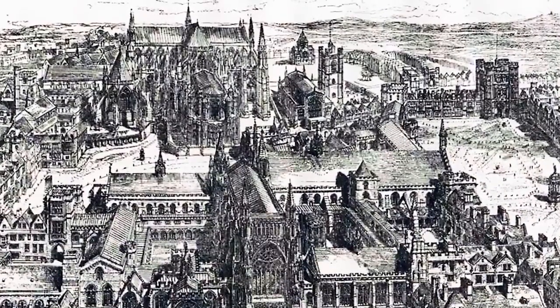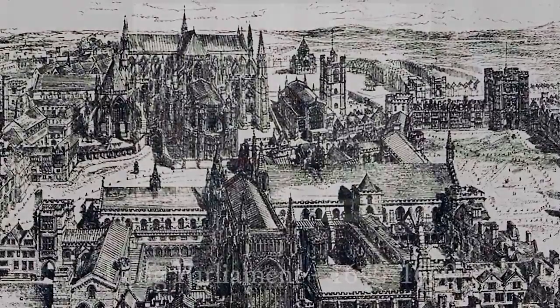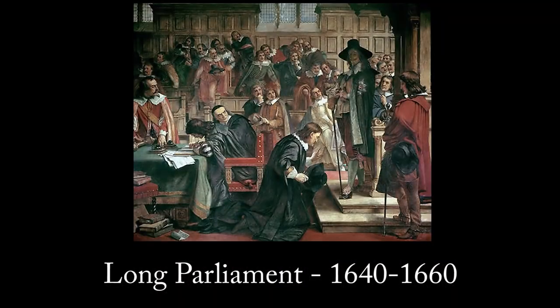At which point, Charles says, well, then you're dismissed. And Parliament actually says, no, we're not. And so Parliament, though being dismissed, refuses to gavel themselves closed. And so from 1640 begins what is known as the Long Parliament. It's year after year after year where Parliament does not close their session.